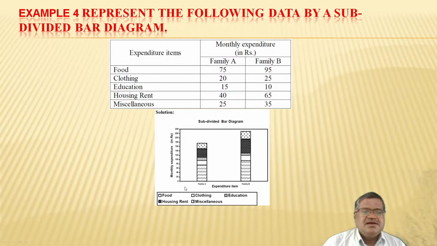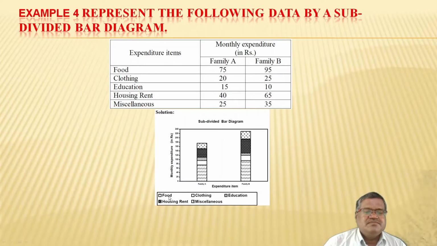Look here. This is monthly expenditure taken on the y-axis, families on the x-axis. Expenditure item for family A, we have shown 75 for food. Similarly, for family B, 95 for food. We subdivide the various expenditure items for family A here.